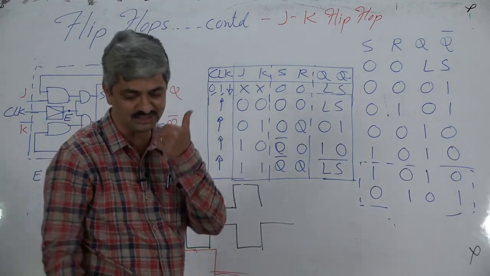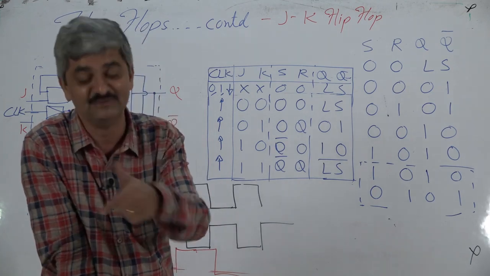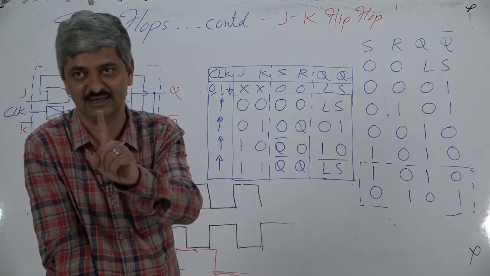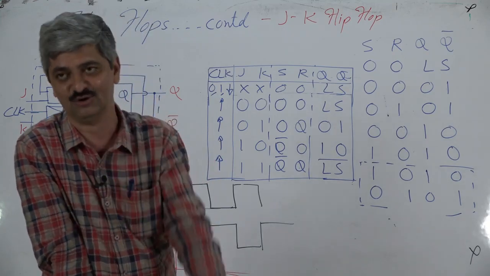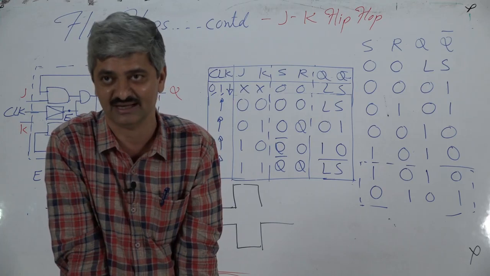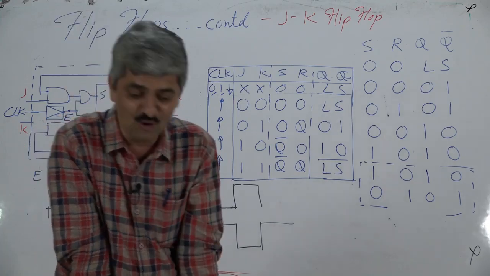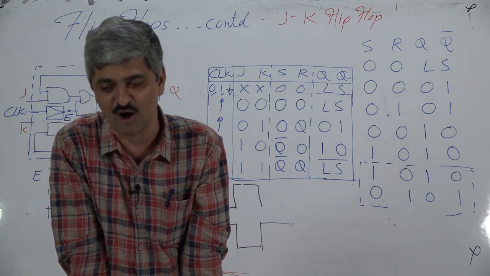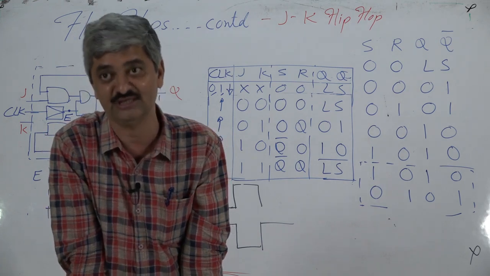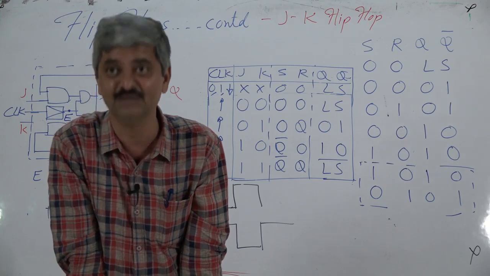If propagation delay is say 7 nanoseconds, there will be only one toggle. If propagation delay is 4 nanoseconds, there will be two toggles. If propagation delay is 3 nanoseconds, there will be three toggles. So, there is a problem of multiple toggling, and exactly how many times depends upon the propagation delay of the flip flop. So, it is unpredictable.